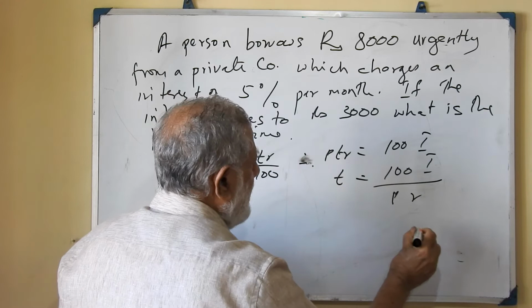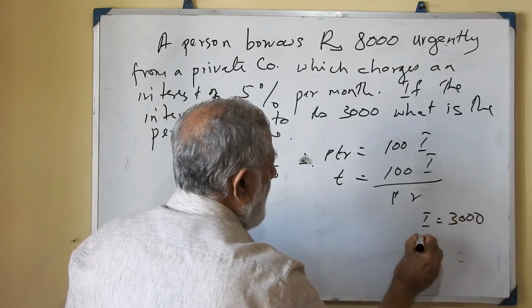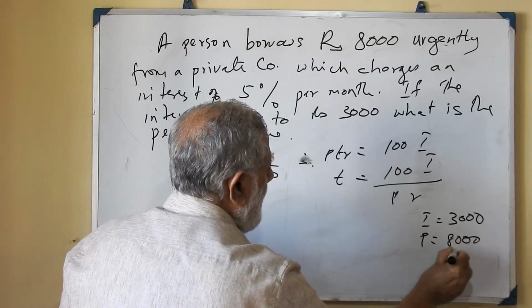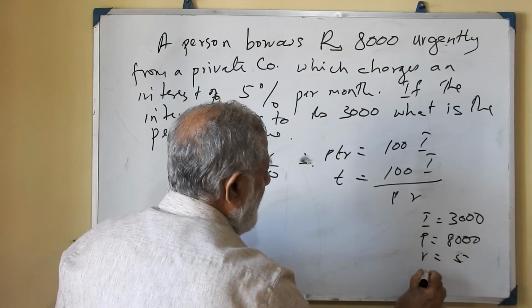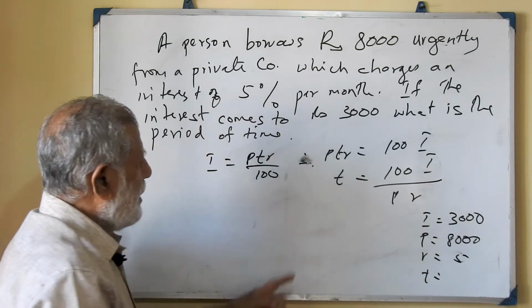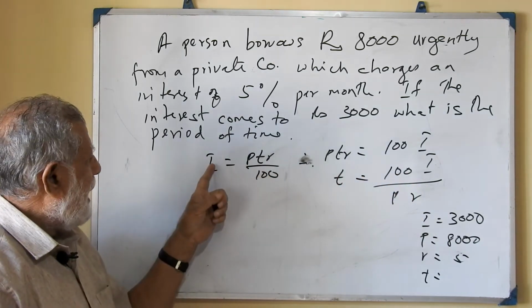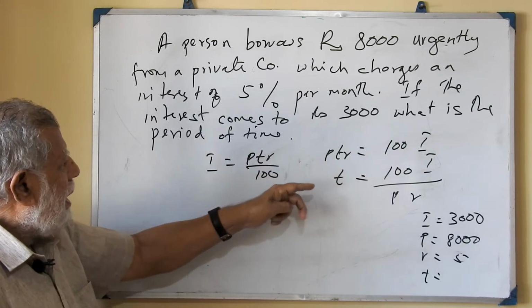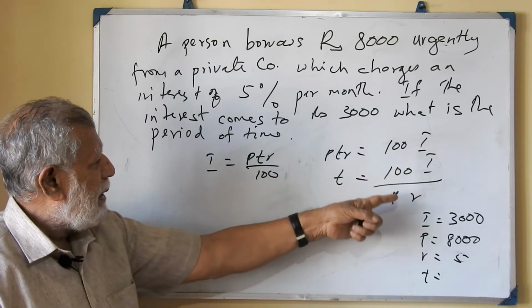So I is equal to 3,000, P is equal to 8,000, R is equal to 5, and we have to find T. So T is equal to, we apply this formula. Now this formula is coming from the main formula, that is I is equal to PTR over 100. So PTR is equal to, cross multiplying by 1, PTR is equal to 100I, T is equal to 100I upon PR.